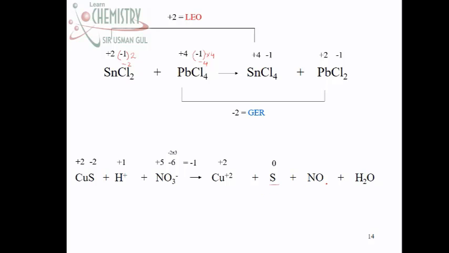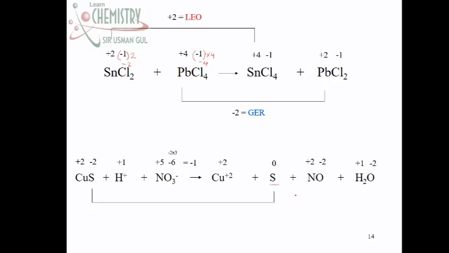Similarly, now moving toward NO. In NO, oxygen must have -2 oxidation state. To balance it, nitrogen must have +2 oxidation state. Similarly, in water, oxygen must have -2 oxidation state, and we already know that hydrogen has +1 oxidation state. Now we are going to check which element's oxidation state has changed.